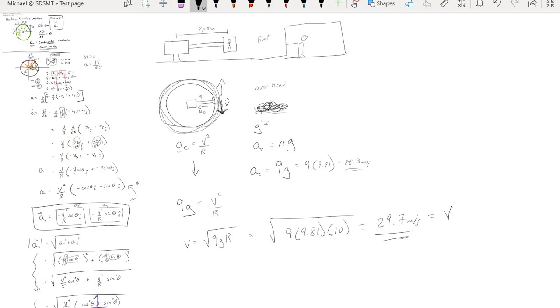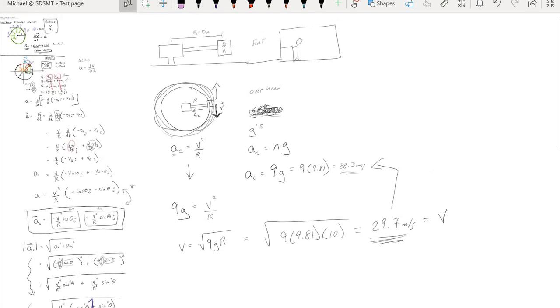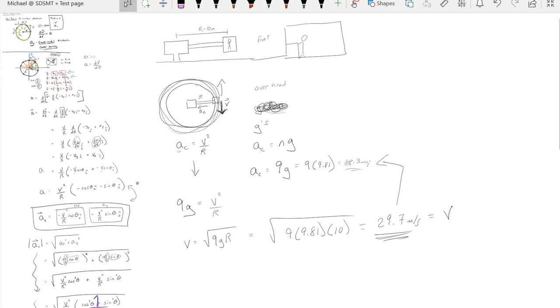And if they can reach that velocity on the dial, then that means that they've accomplished the goal. They've gotten to 9 Gs, and so they pass the test. But then they don't stop there. They turn up the speed some more, and some more, and some more.